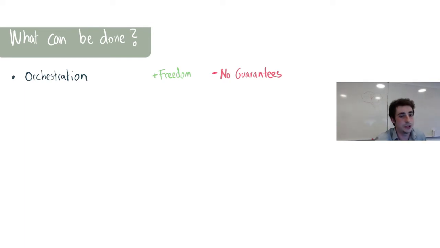So what is possible to do? On the one side, what is popular is to implement our own orchestration methods. The plus side here is that we get ultimate freedom, the maximum freedom. However, we have no guarantees of what is happening inside the architecture.